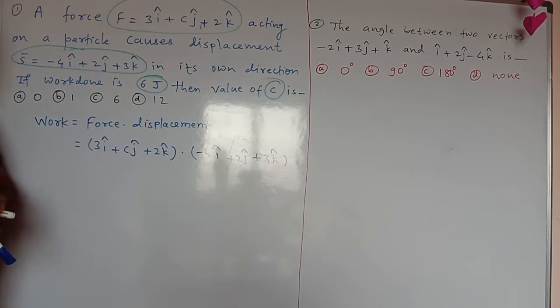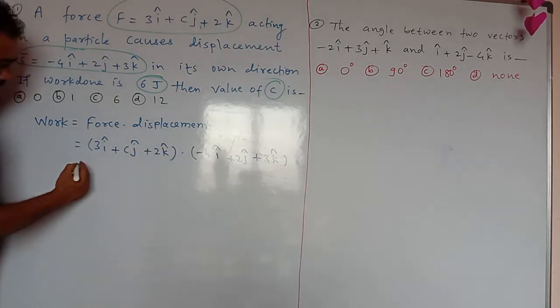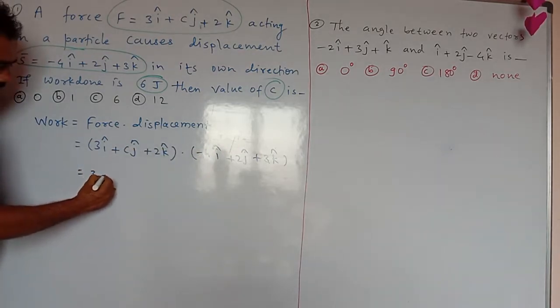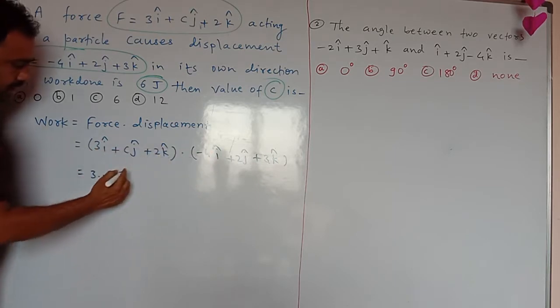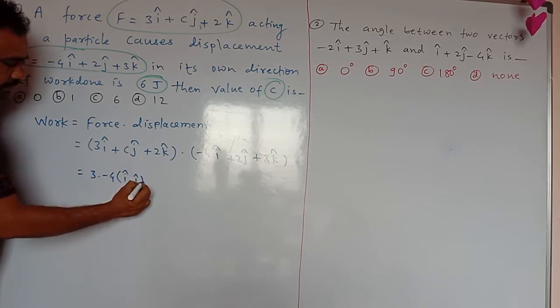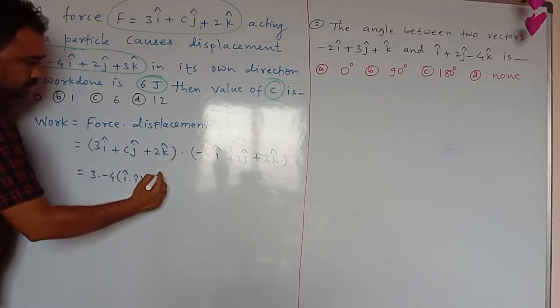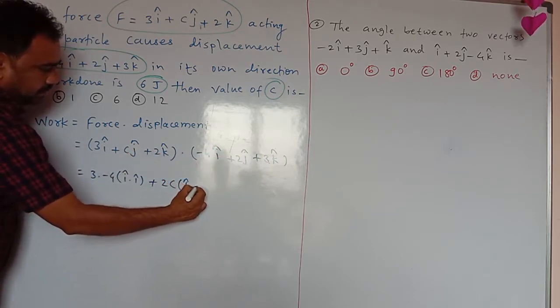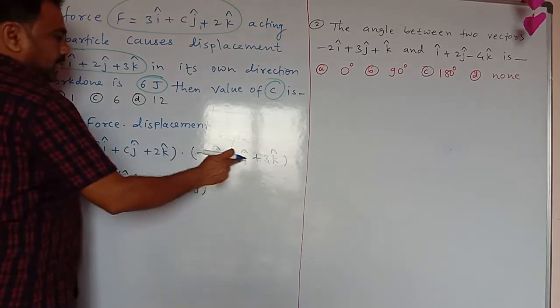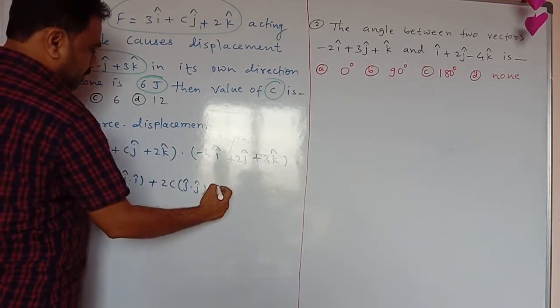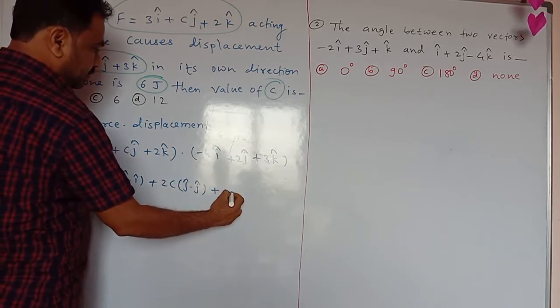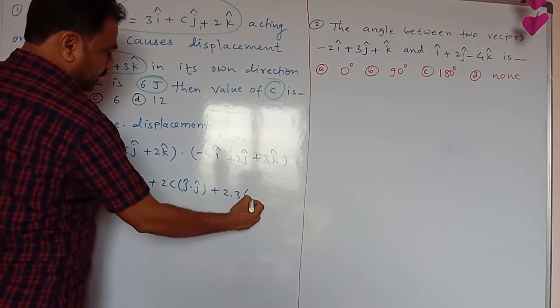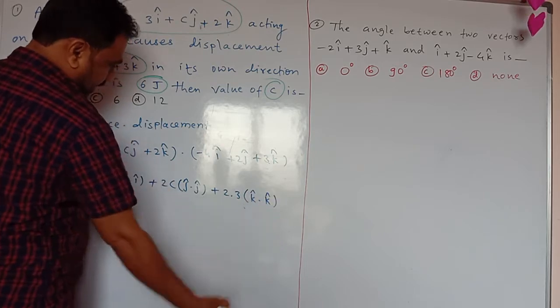Now we have to do the dot product. How can we do it? 3i cap dot minus 4i cap, so 3 multiplied by minus 4, times i cap dot i cap, plus c into 2, that is 2c, times j cap dot j cap, then plus 2 multiplied by 3, times k cap dot k cap.